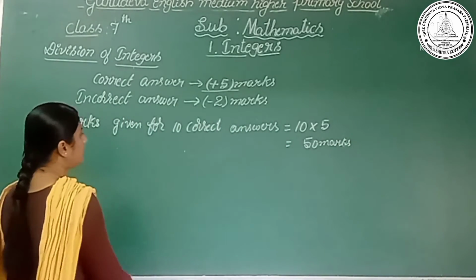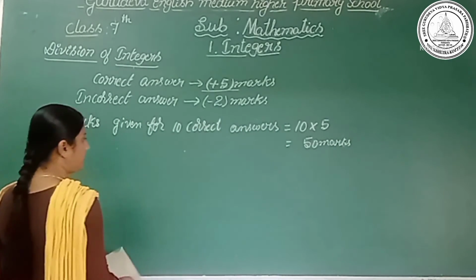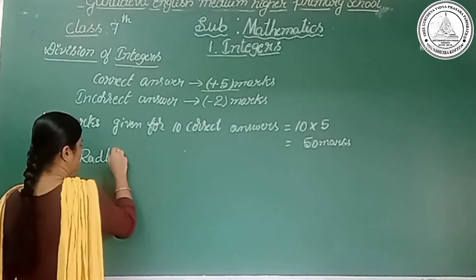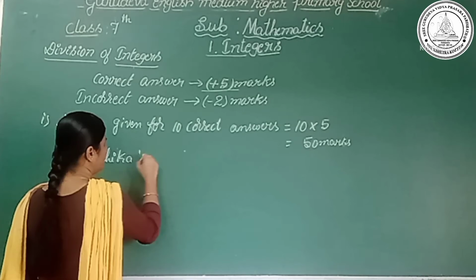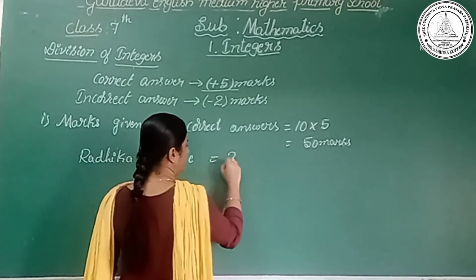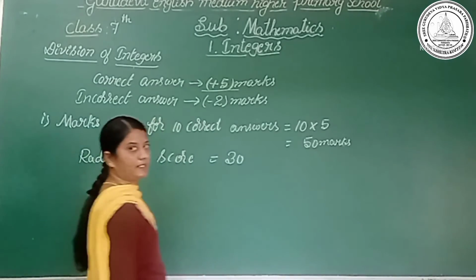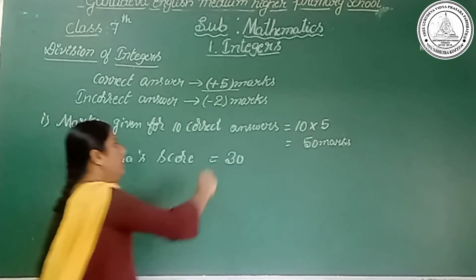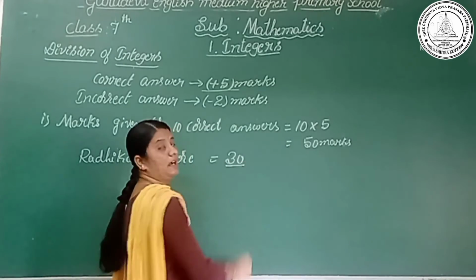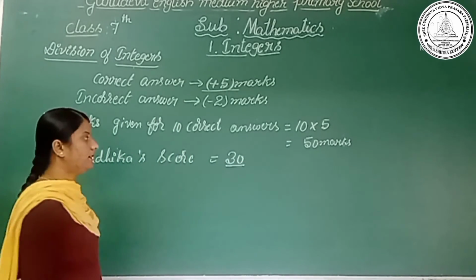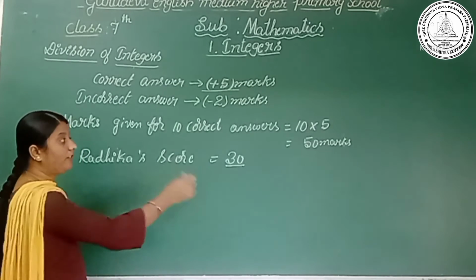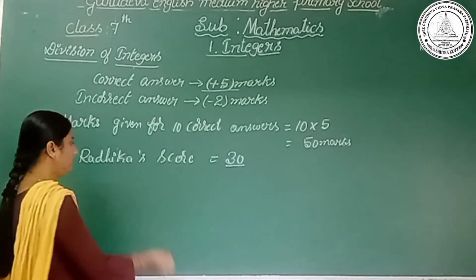But the total marks she scored, Radhika's score, is equal to 30, right? So it is the marks for correct answers, and it is the marks she totally obtained. Then we can find out the marks obtained for incorrect answers, right?